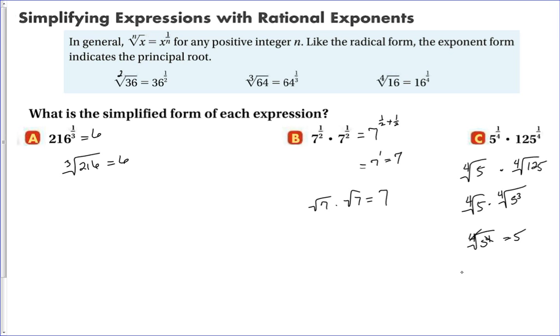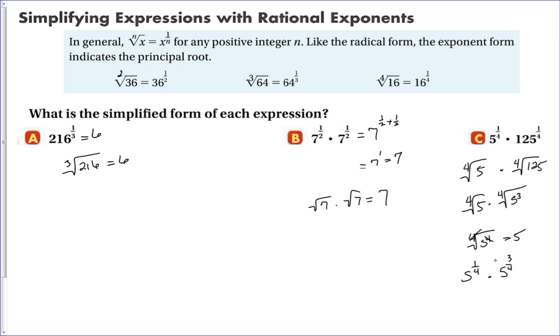Or what you could do with this one is, if you recognize that 125 is simply 5 cubed, you can write this as 5 to the 3/4 power. Because the 3 here means you're raising the 5 to the 3, and then the 4 on the bottom means you're taking the 4th root of that.